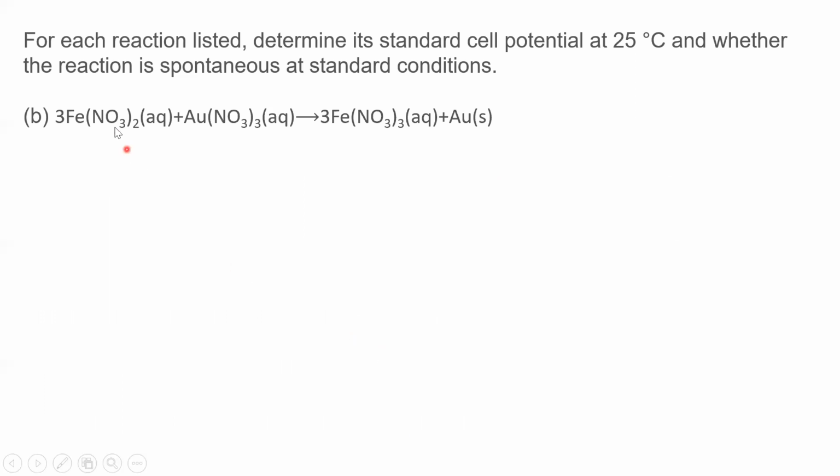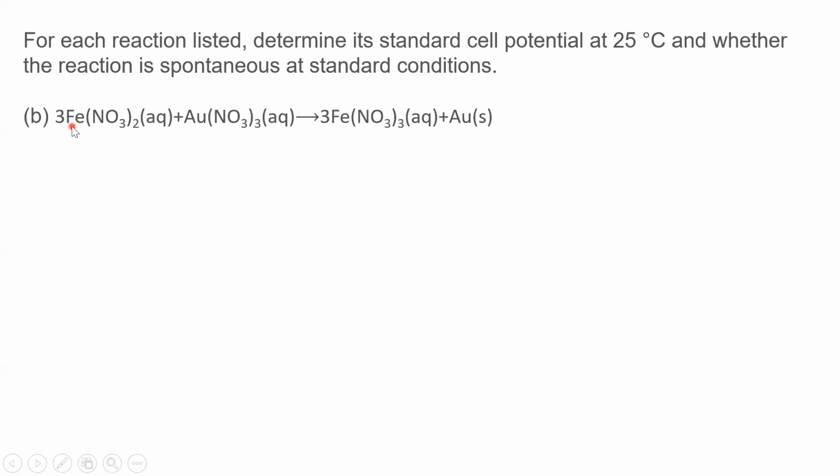The nitrates are all spectator ions. Iron is going from a +2 charge to a +3 charge. So iron is being oxidized.